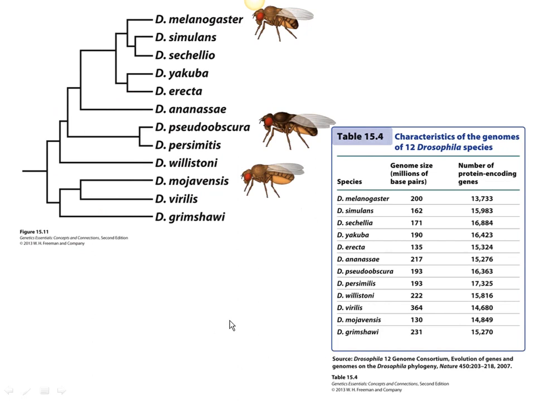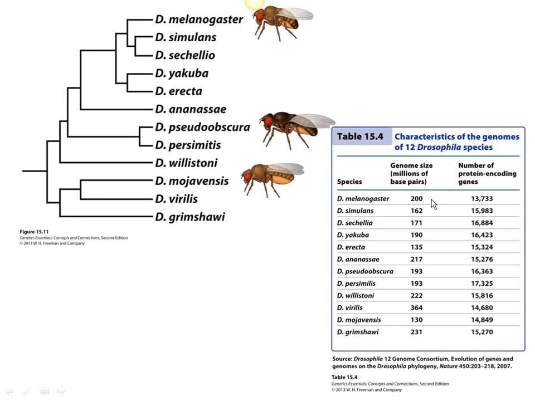Now, one interesting story in comparative genomics comes from studying the genomes of the different Drosophila species. You can see here Drosophila melanogaster, which you're aware of, but all these other species as well. With the completed sequencing of the genomes, by the Drosophila Genome Consortium, they were able to study and compare them.